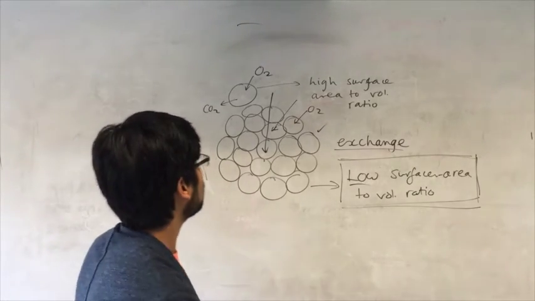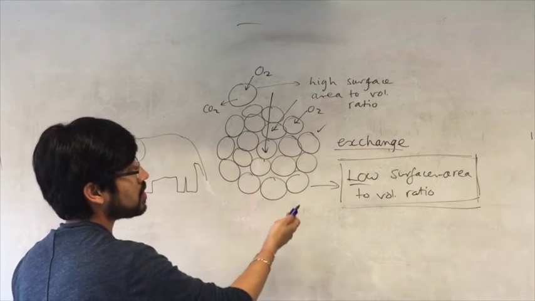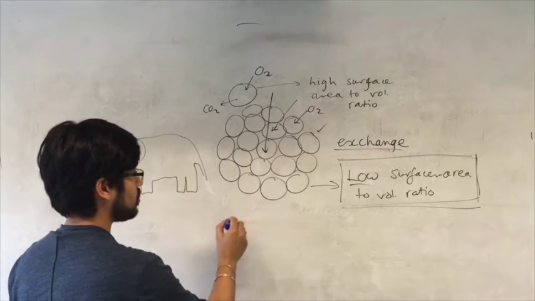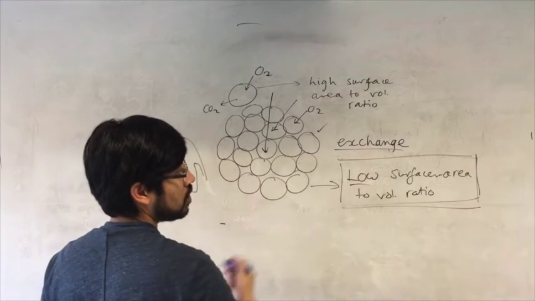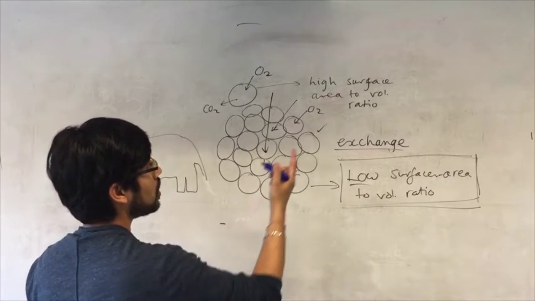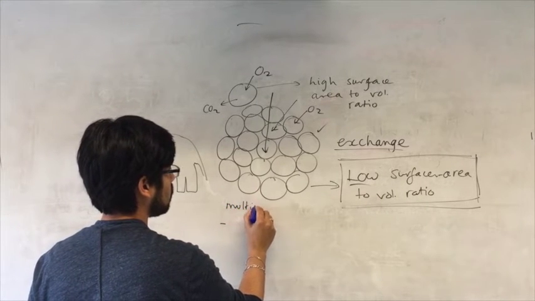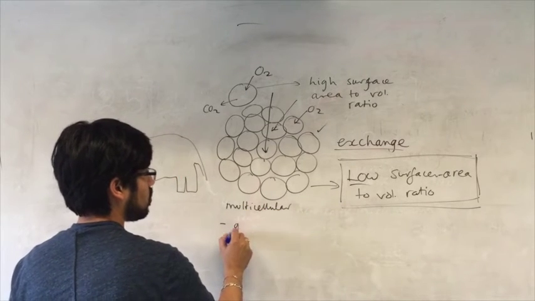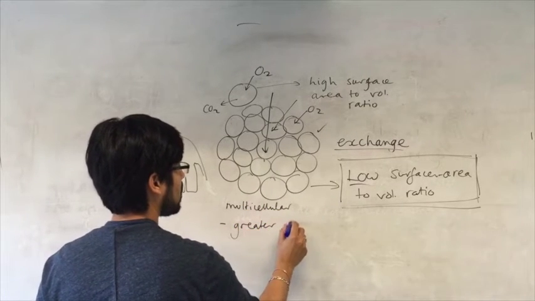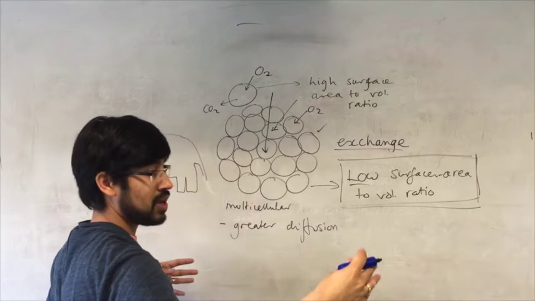In addition, because you have more cells, you need more materials. So the key point would be that for organisms with a low surface area to volume ratio, because they are multicellular, it raises two things. First, there are greater diffusion distances, because the organism is getting bigger.